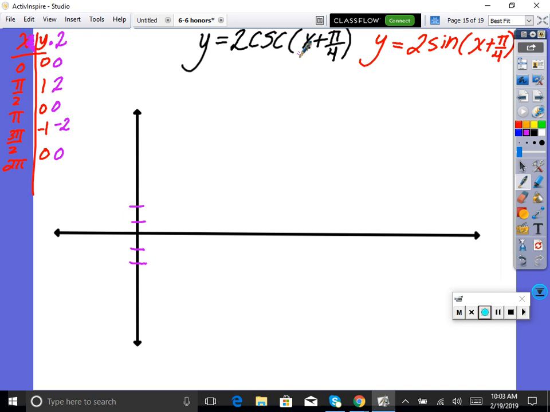So 0 plus pi fourths is pi fourths, right? Oh, sorry, left pi fourths, you're right. Subtract pi fourths.